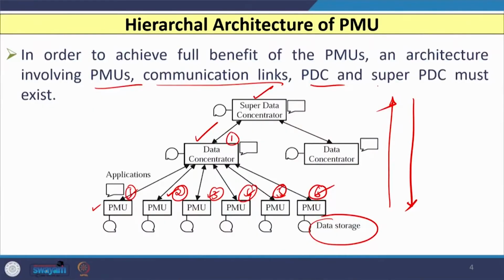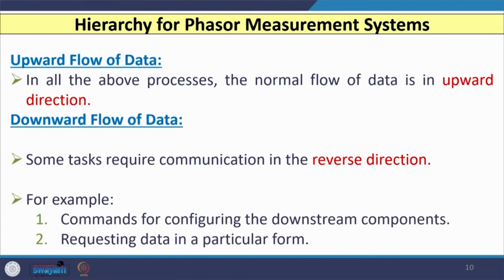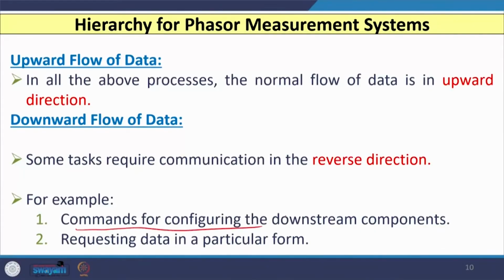Now, as I told you in the hierarchical diagram of phasor measurement systems, in most cases the normal flow of data is in the upward direction. So, as I told you here, the normal direction of the data flow is like this, upward only. However, sometimes in certain cases the reverse flow of data is also possible, particularly, for example, when there are commands for configuring the downstream components.